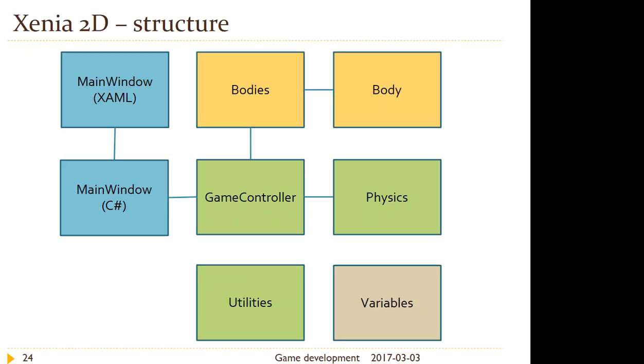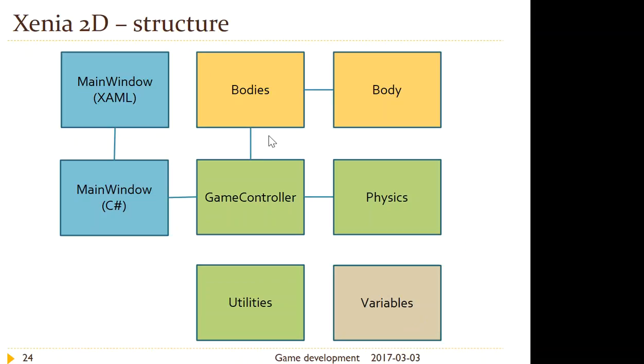This C# part is then connected to a game controller class, which in turn works with a physics class, which you don't really need to work in. It takes care of bouncing, etc. Also have a utilities class and a variables class, and these are used for various code snippets, various pieces of code, and in this case, some global variables.